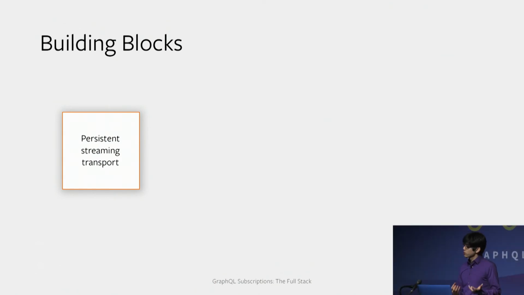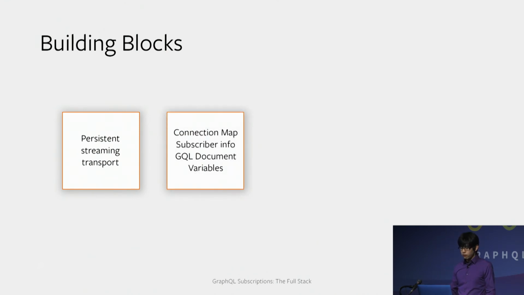So in terms of building blocks, this means that a system that supports GraphQL subscriptions needs a couple of additional components that weren't present when the system was stateless and only satisfied request-response style interactions. The first is that we need to support a persistent streaming transport. It's no longer sufficient to just issue a single request and get back a single response. Second, we have to have some general purpose storage because we now have state that we need to keep track of. One example of this state is the connection map.